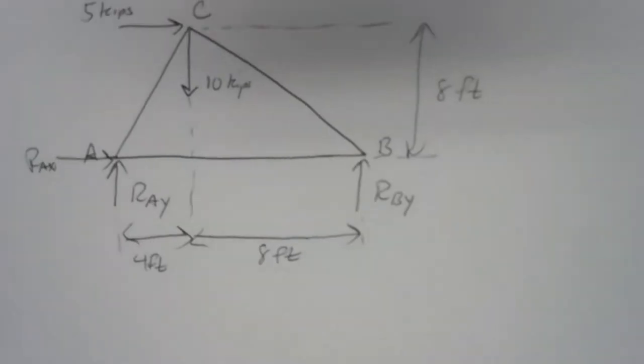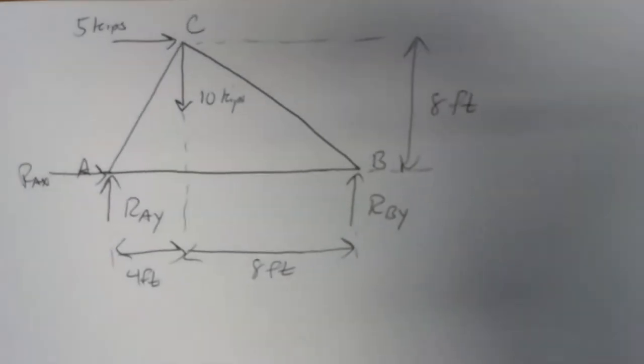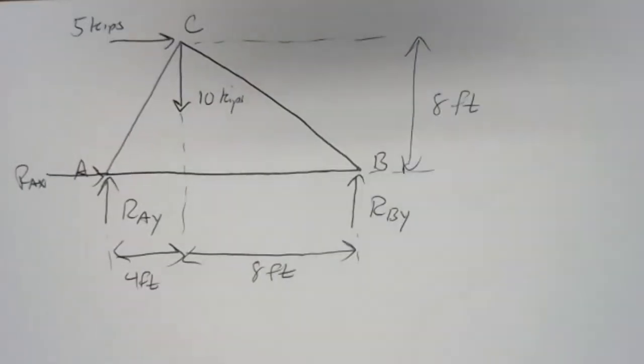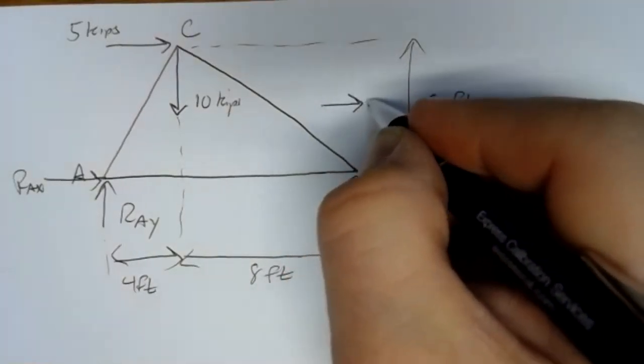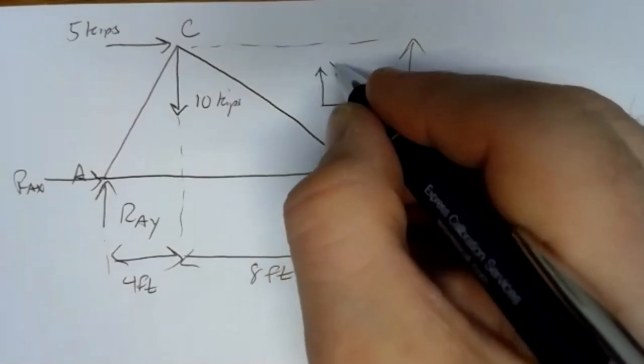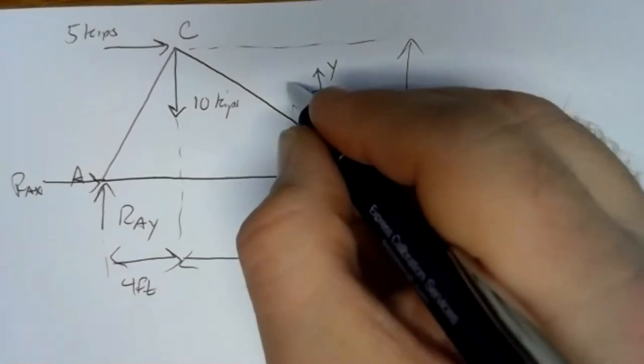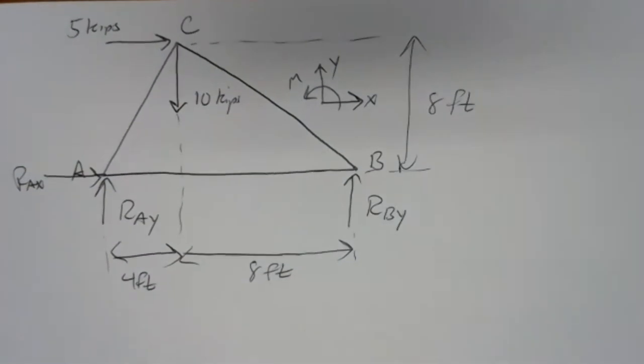Get a little closer on that. There we go. So there's our free body diagram. And I'm going to define my coordinate system, standard coordinate system, X and Y, and positive moments.